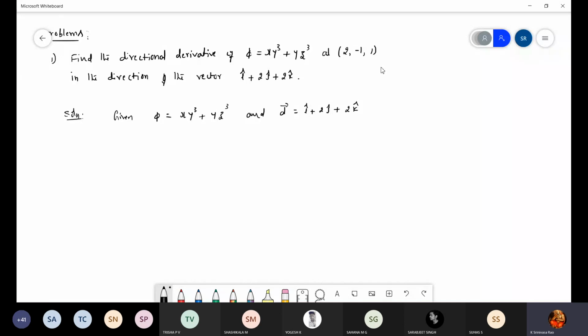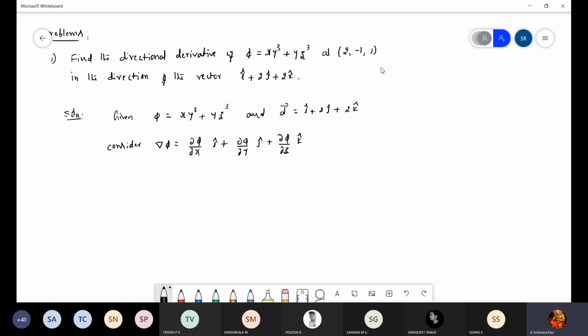Okay, so the given data first you write down. Now consider grad phi or gradient phi. So formula: dou phi by dou x i cap plus dou phi by dou y j cap plus dou phi by dou z k cap.